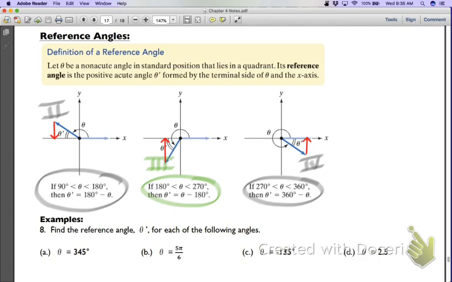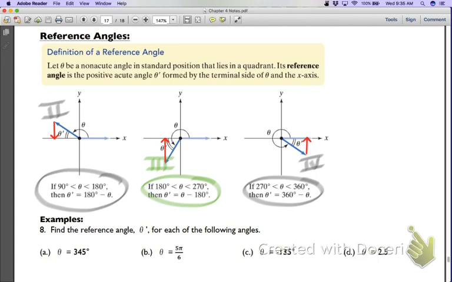The reference angle that I deal with in my triangle is going to have the same value, and we'll talk about that in a little bit, as far as my trig function. Sine of whatever angle I'm dealing with has the same value as if it's all the way around. It's just a matter of is it positive or negative, like we talked about yesterday with our quadrants. Quadrant 1, everything's positive.